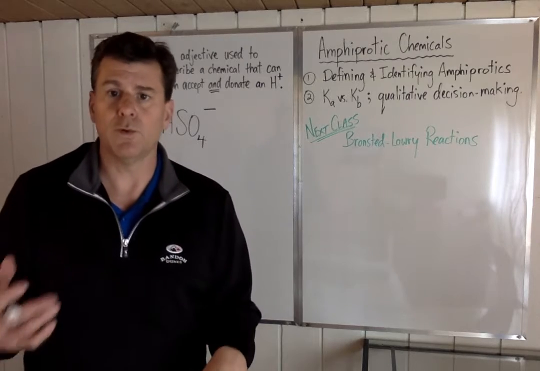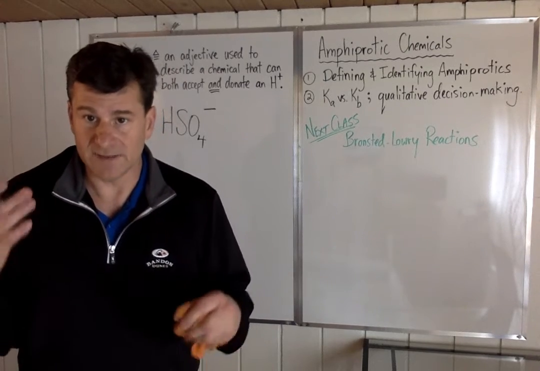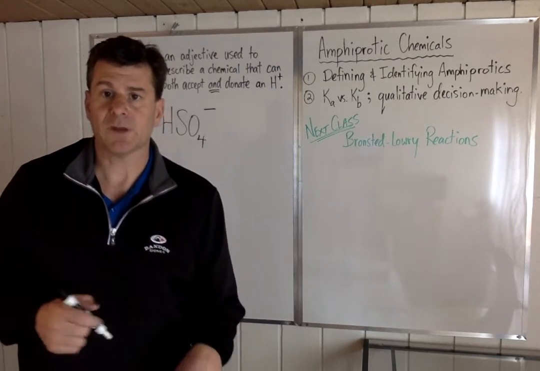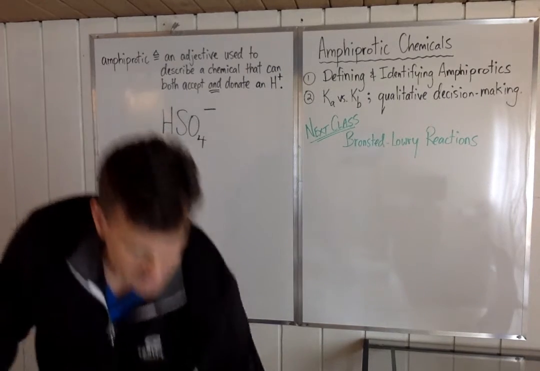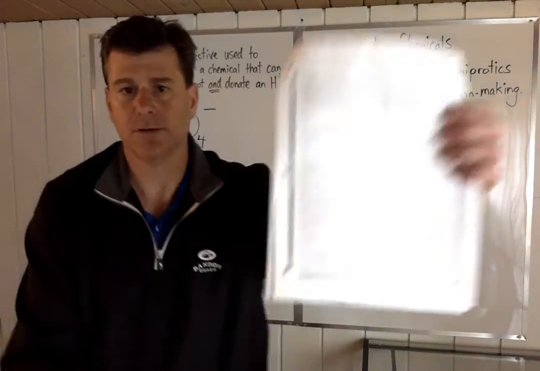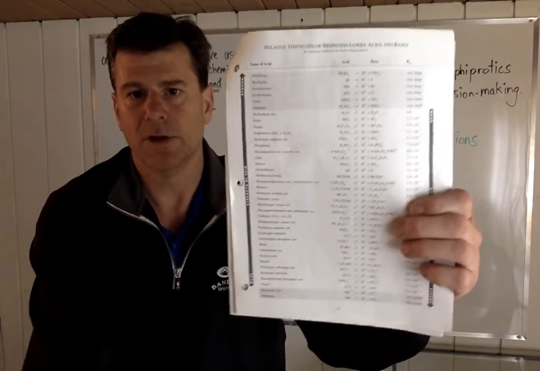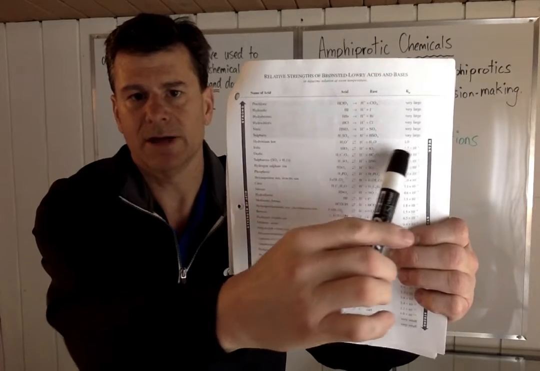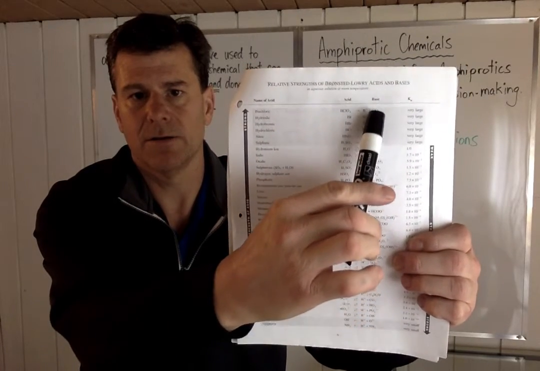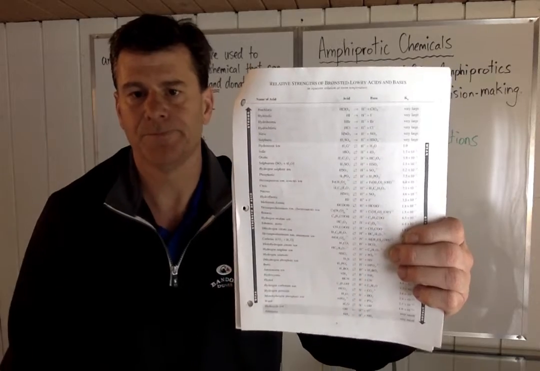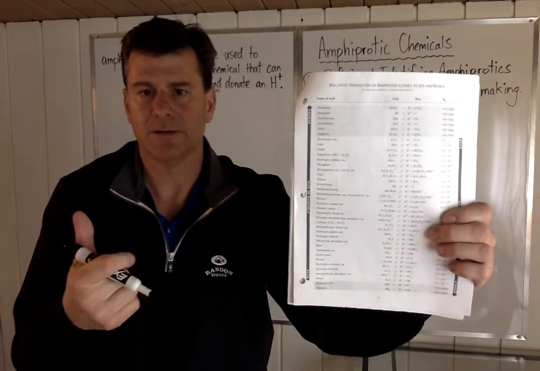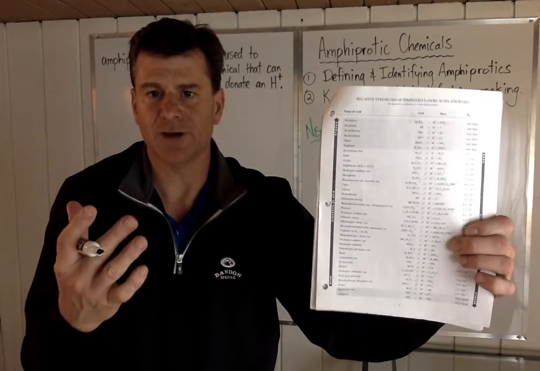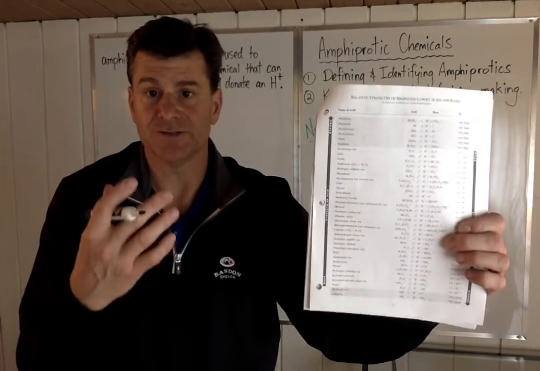But remember that rule, not all anions are necessarily bases. There are 6, which are the conjugates of strong acids. If you have your Ka table out, the 6 in the gray area, all 6 of them: perchlorate, iodide, bromide, chloride, nitrate, and hydrogen sulfate.